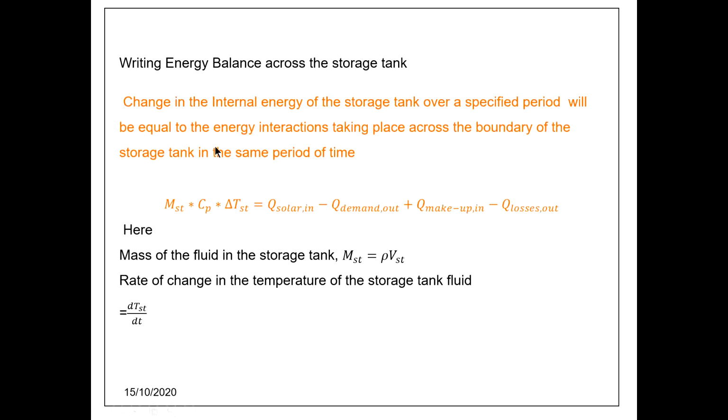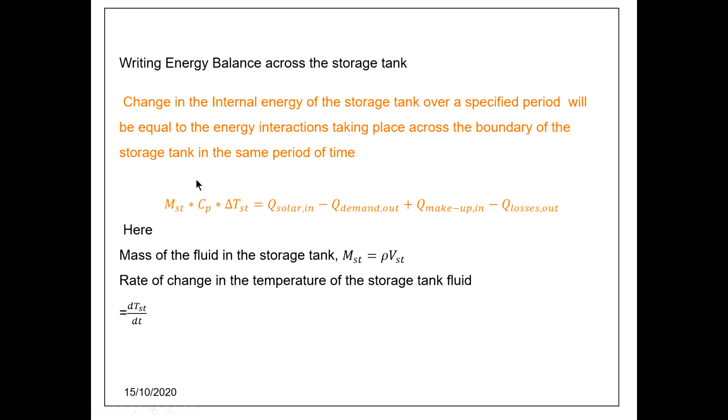Now what is the change in the internal energy? How do we express change in the internal energy of the storage tank? It is mass of the storage tank fluid, m, times Cp of the fluid which the storage tank accommodates, times delta Tst, the change in the temperature of the storage tank fluid.